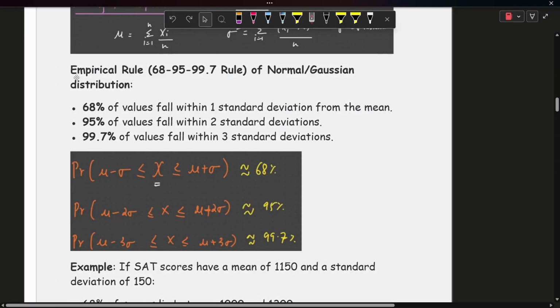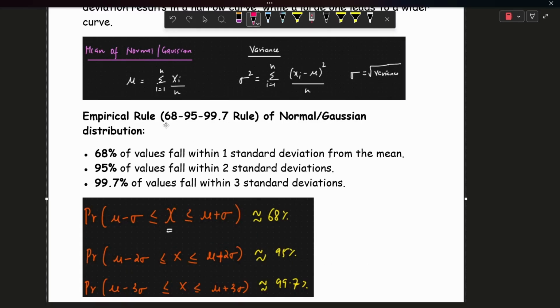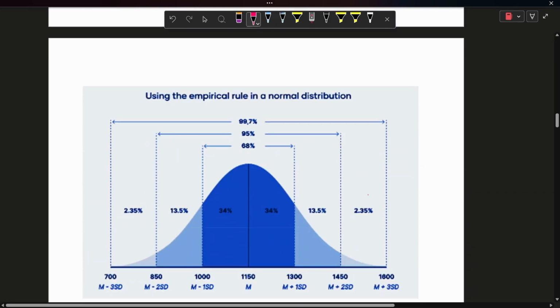What is this empirical rule? It is the thumb rule in normal distribution, the 68, 95, 99.7 rule. What is this? 68% of the data falls in between this.